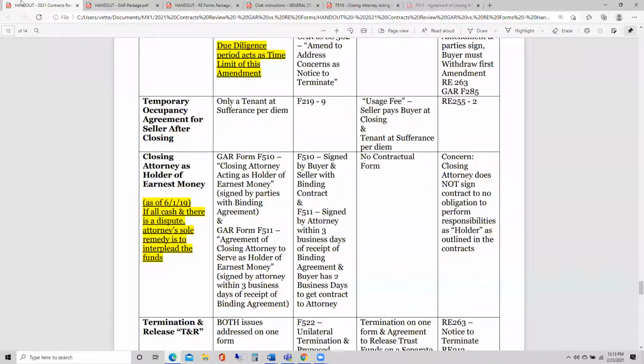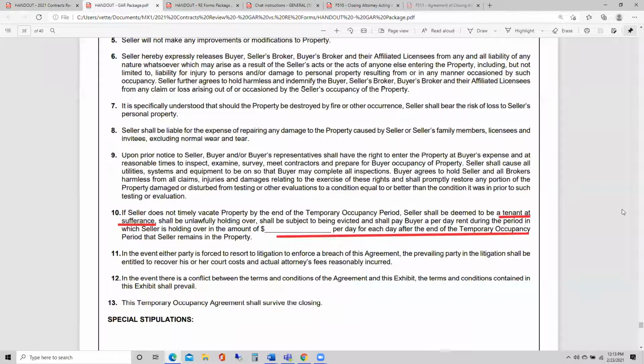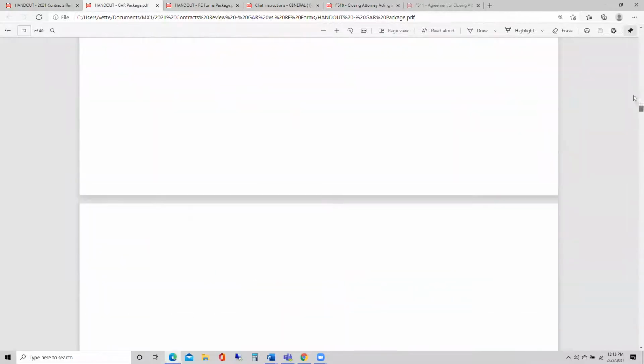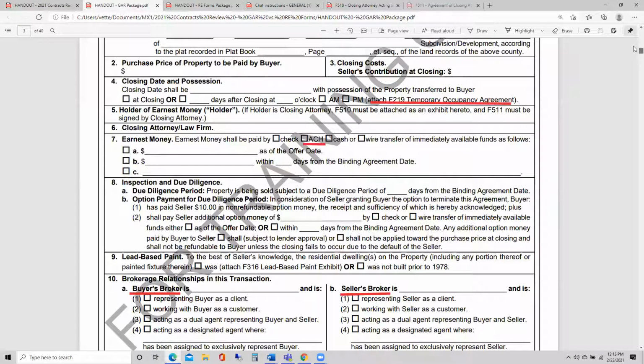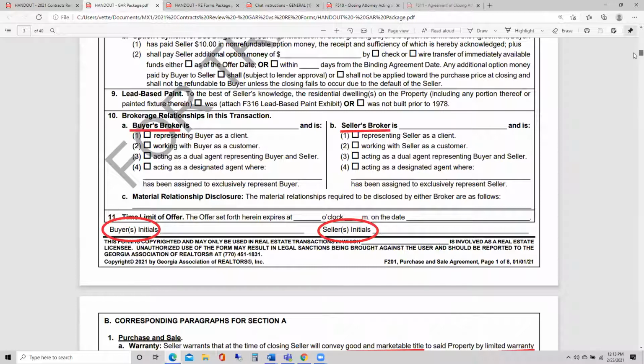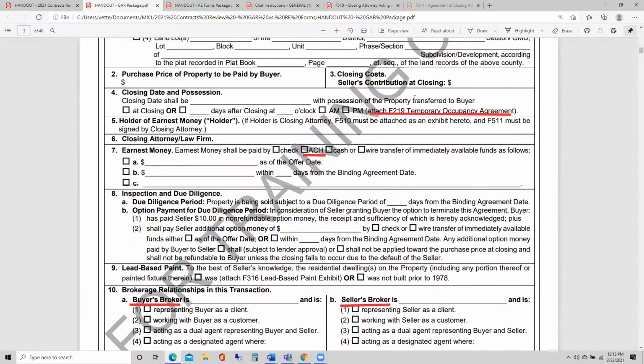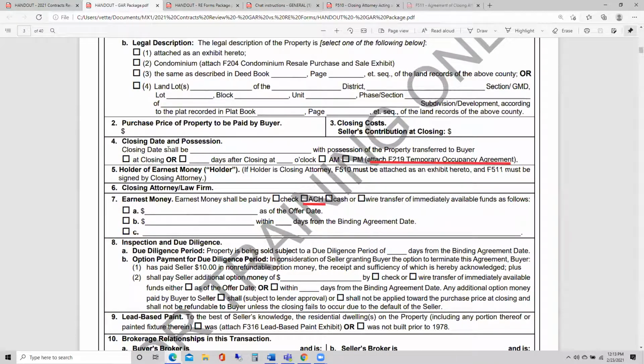You absolutely need one. As a matter of fact, in the GAR contract package itself, it states back up here in the actual purchase and sale agreement, under the section where it talks about closing in possession.